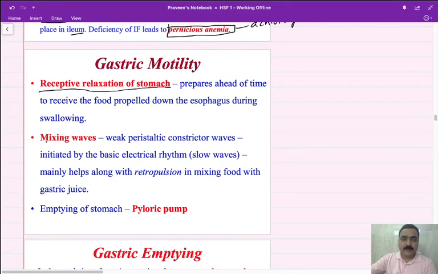Now, once the food has reached the stomach and the fundus is full and the stomach is full, and then you stop eating the food, what happens? Then the next process that starts is the mixing waves. This is the peristaltic constrictor. It is happening mainly in the body part. The food will be pushed down from the fundus towards the body, where you have all the secretions coming up, like the pepsin and the HCl.